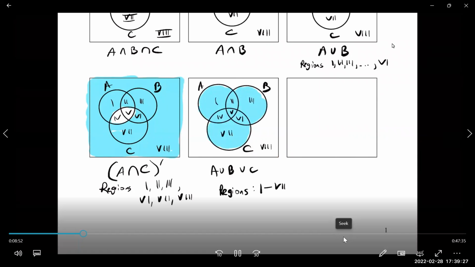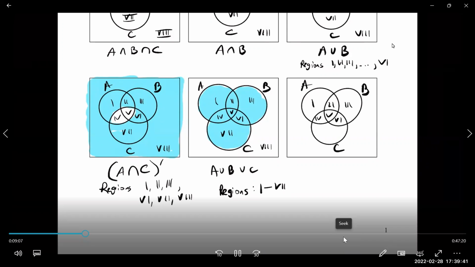All right, and then the last one, let's do one more. We'll be done with this. Let's try A union C complement. Actually, let's do B union C, just to change it up a little.